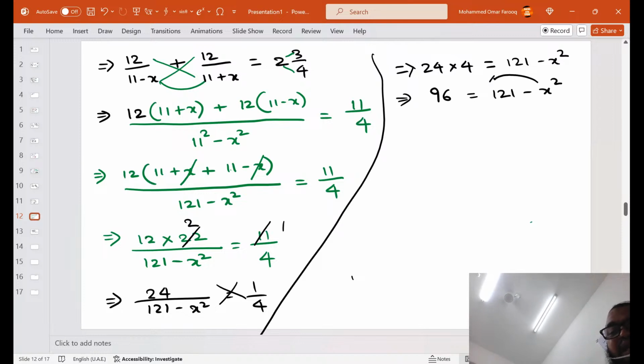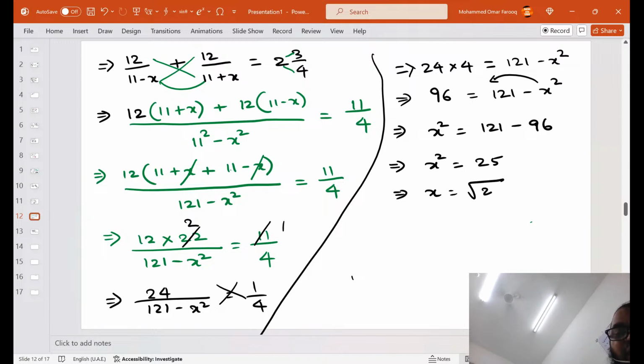X square is negative. I bring it down. X square is equal to 121 minus 96. Can anybody tell me what is 121 minus 96? Is it 25? Oh, mashallah. X is equal to square root of 25. So square root of 25 can be plus or minus 5. So what is x we have taken?